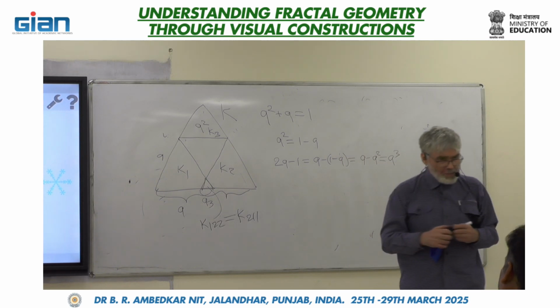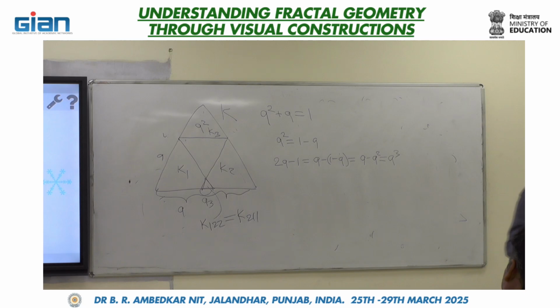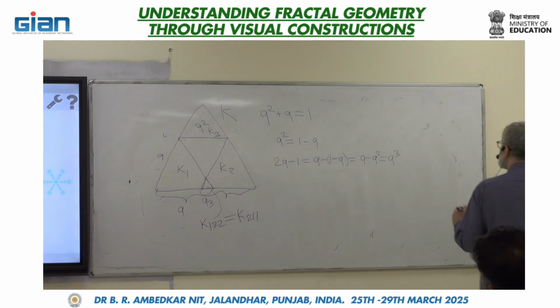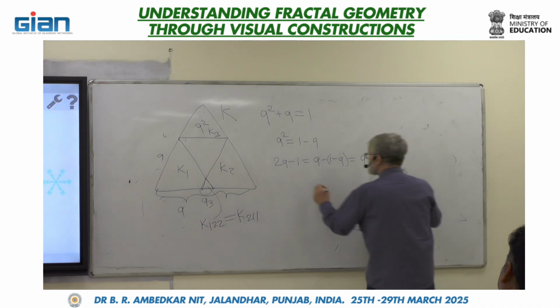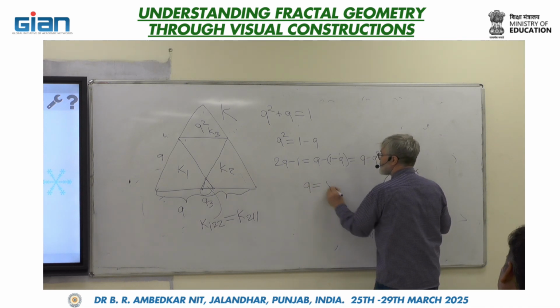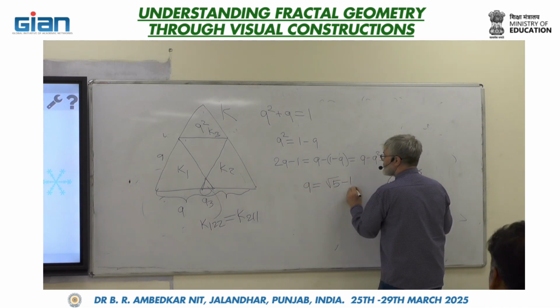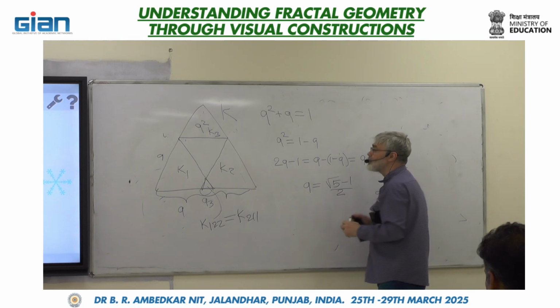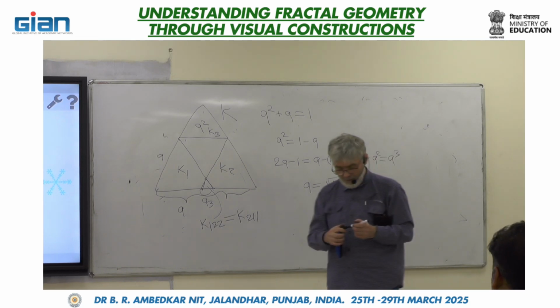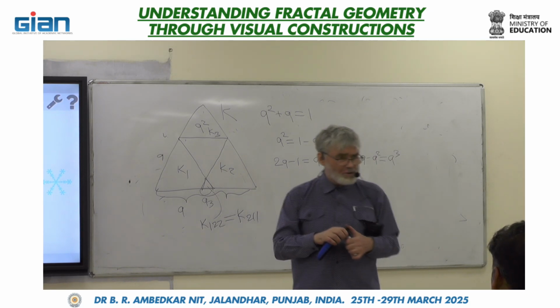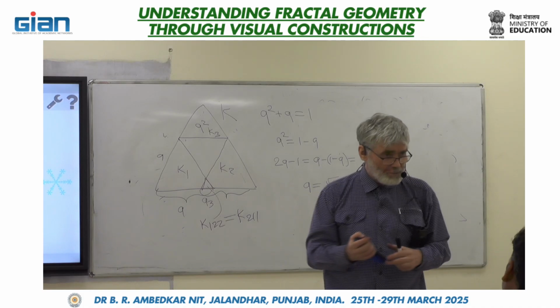Do you know the golden mean? It's square root of 5 minus 1 divided by 2, right? Okay, so you write Q equal to square root of 5 minus 1 divided by 2. Can you be so kind to build this fractal?